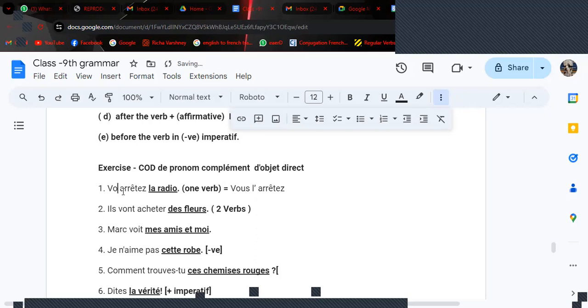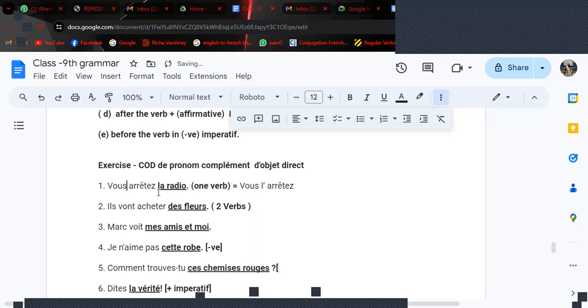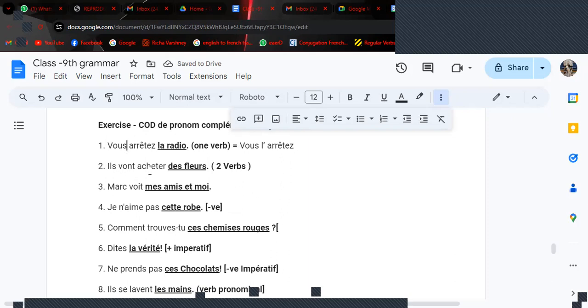Yes, right. Now, second question, when there are two verbs, right? You can say it's a two verb or infinitive verb example or future proche example. So now here I need to replace des fleurs. Des fleurs is a feminine plural. Now I will write. So in the two verbs, what we have learned?